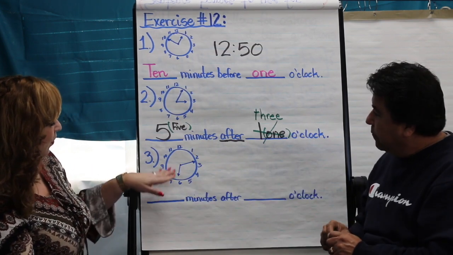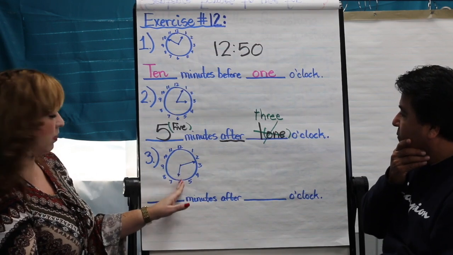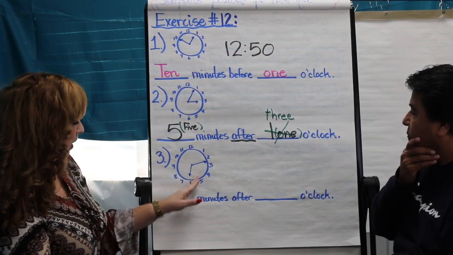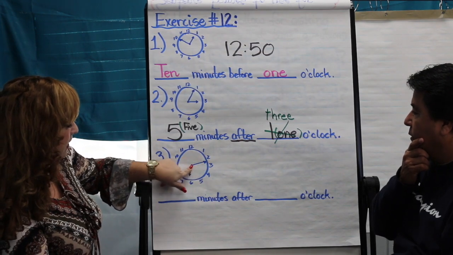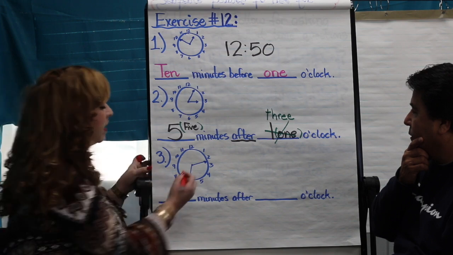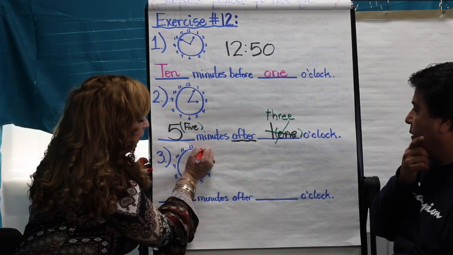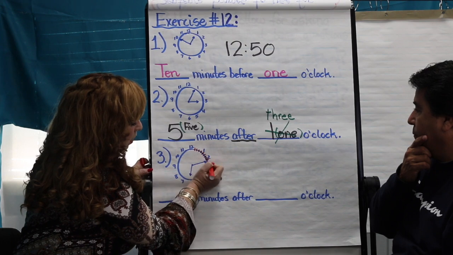Okay. So here, again, the hour hand is pointing down, so it's past 6 o'clock. But you could see that the minute hand is somewhere between the 2 and the 3 here. So again, we have to see that there is 5 minutes between every number of the hour.